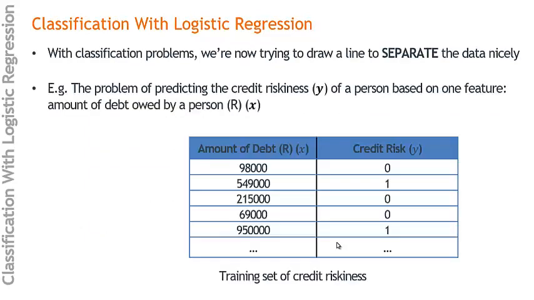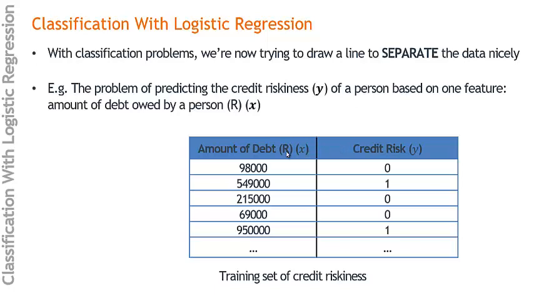So let's follow up on this idea of decision boundary or separation, line of separation. Let's take in particular the problem of credit riskiness. Suppose we want to determine the riskiness of credit of a particular customer based on the amount of debt that they have.